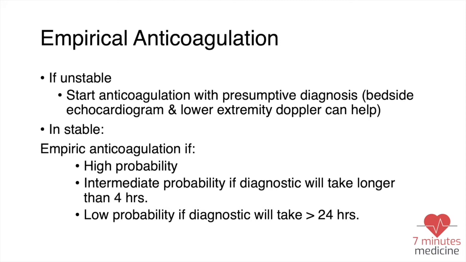In our lecture, we decided how high probability is defined from the Wells score. If you have an intermediate probability patient, but the confirmation, like the CT angio or the VQ scan, will take more than 4 hours, or a low probability patient if the diagnostic confirmation will take more than 24 hours. But all of this applies if the patient does not have a contraindication for anticoagulation.